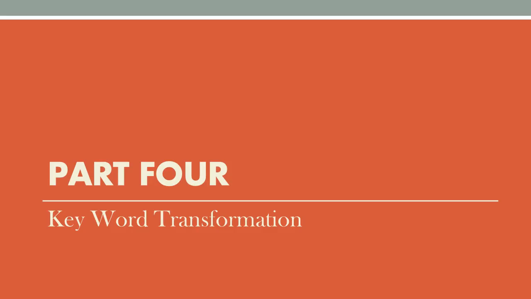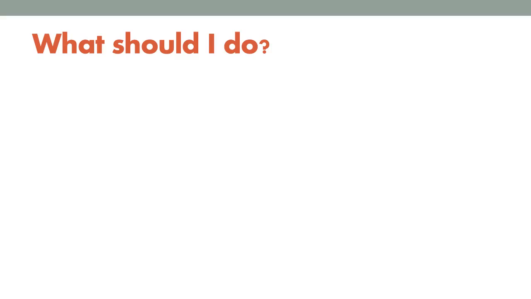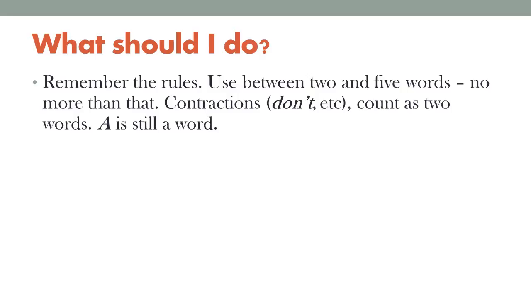Then we come to part 4, the keyword transformation. In this exercise, you're given a sentence and then a key word that you must use in writing a new sentence that carries the same information. What should you do? Well, remember the rules. You have to use between 2 and 5 words, no more, no less.